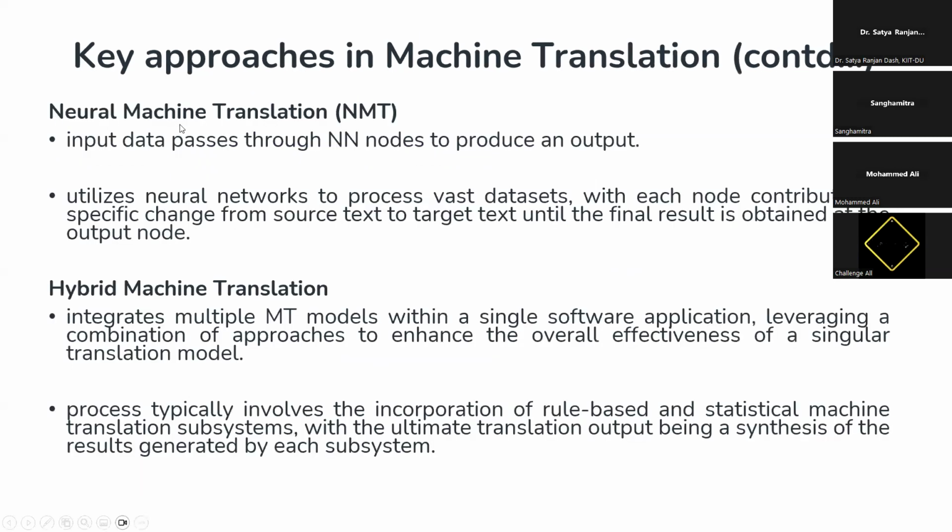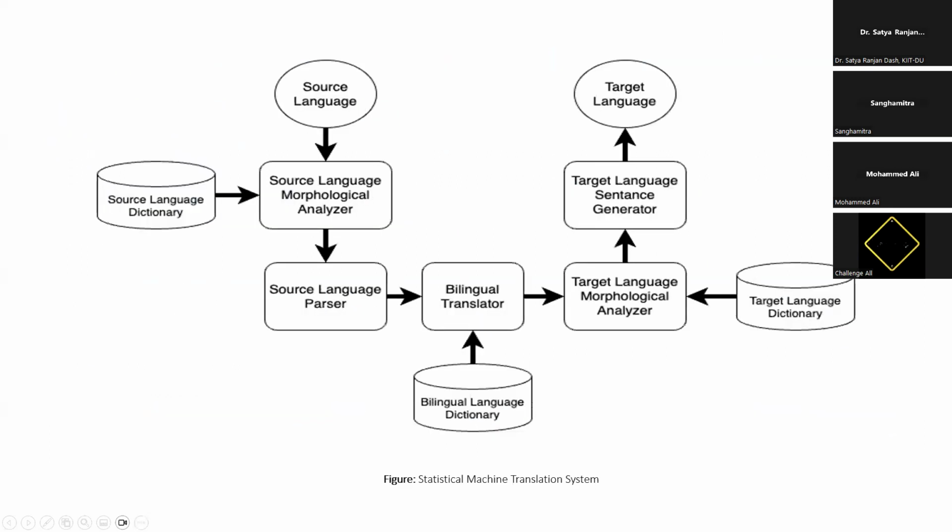Then we have neural machine translation, which uses neural networks. And then we have hybrid machine translation, which incorporates multiple types of approaches to form the final machine translation.